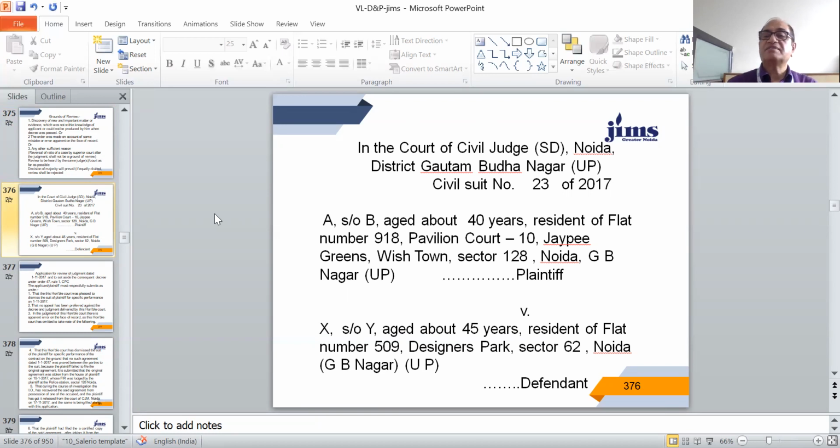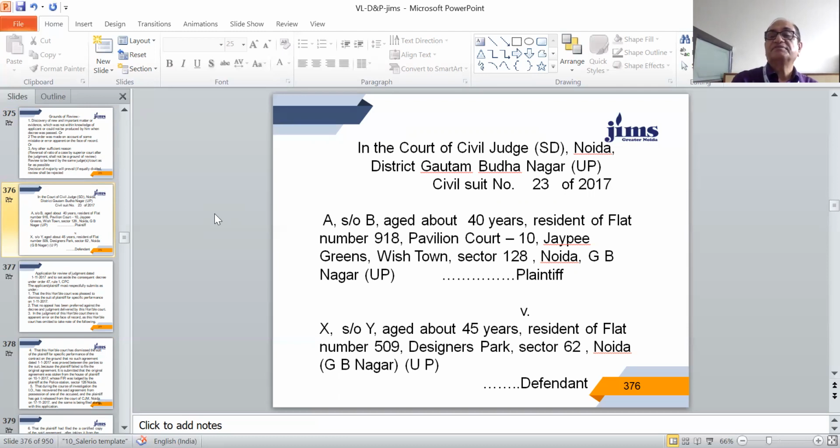Names of the parties, plaintiff and defendant, will remain the same as they were in the original plaint in which the judgment or order has been passed. You cannot change the names of the parties while drafting a review application. The names of the parties have to be copied from the plaint and pasted here.